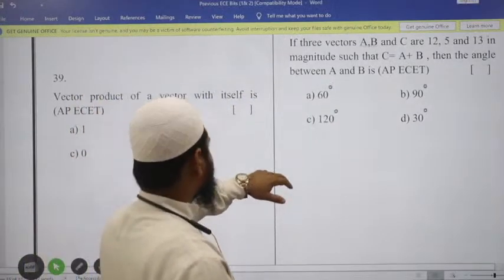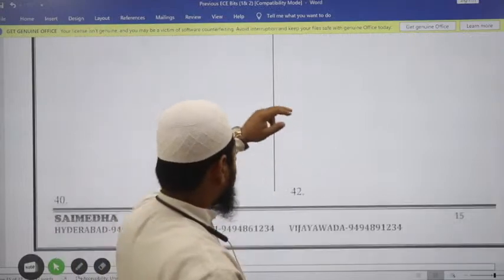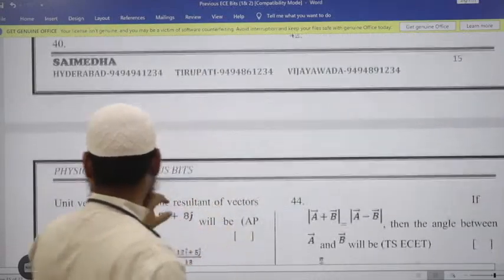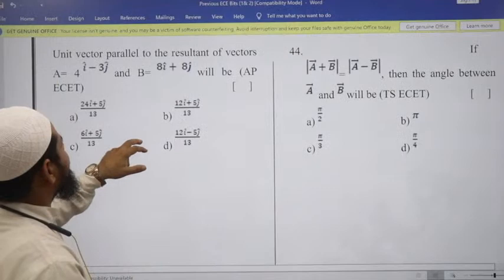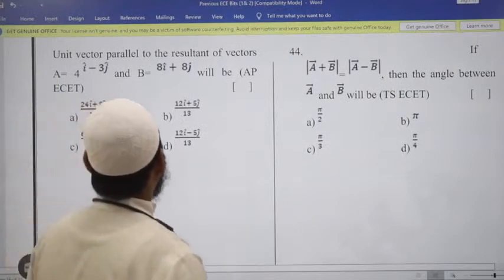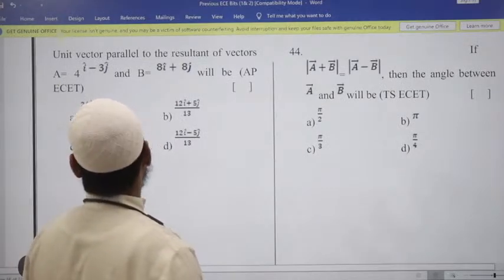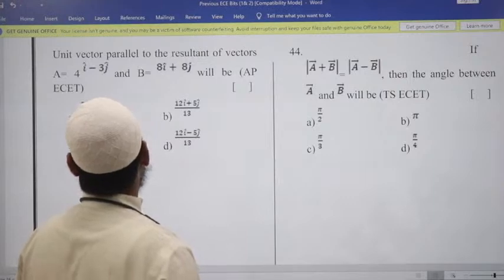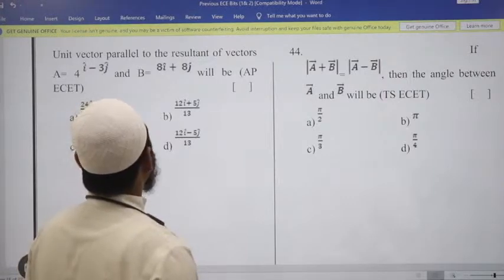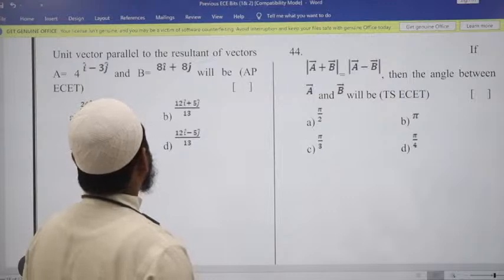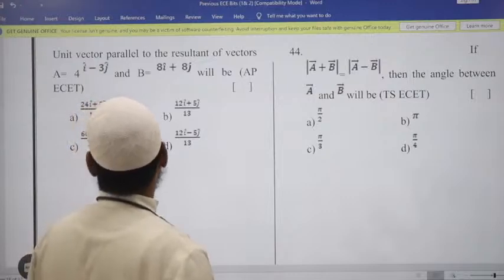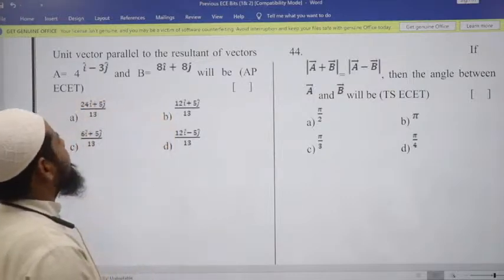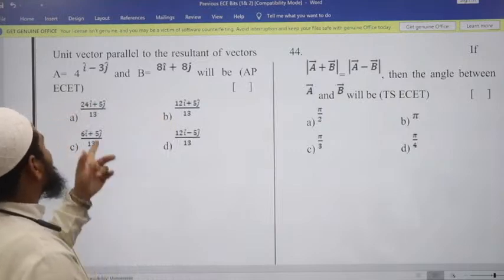Move on to the next problem, 42. Here you can see the 42 problem. Unit vector parallel to the resultant of vectors A is equal to 4i minus 3j and B is equal to 8i plus 8j will be, what is the unit vector parallel to the resultant of vectors?